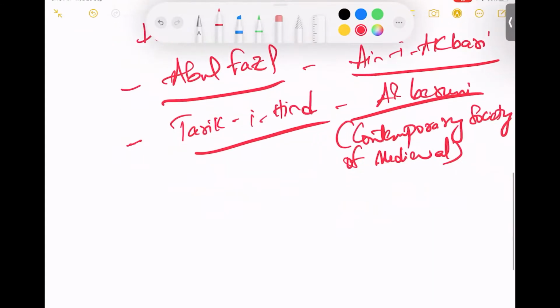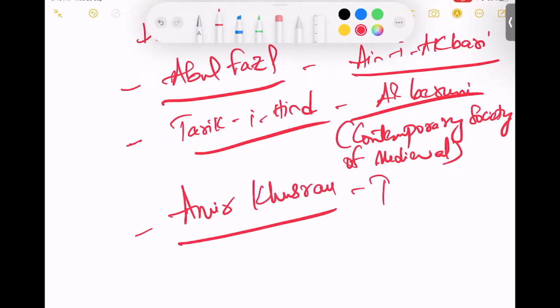Okay. And then one famous poet during that time, Amir Khusrau. He has written a lot of Persian literature and he has written a lot of poems. Okay. And he has written a lot of books on philosophy. Okay.